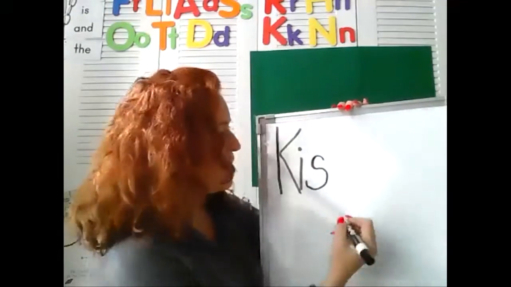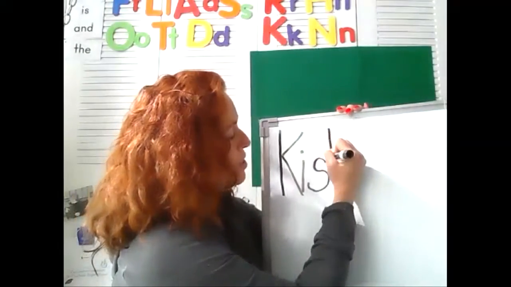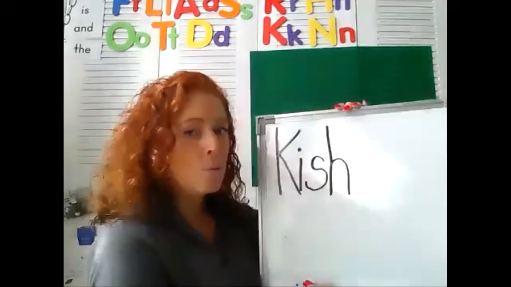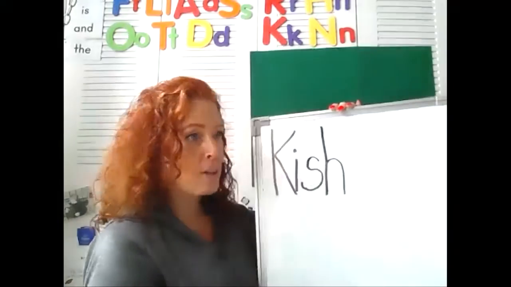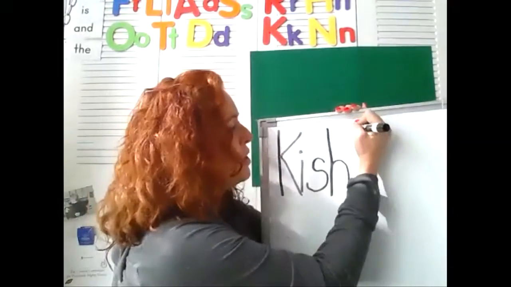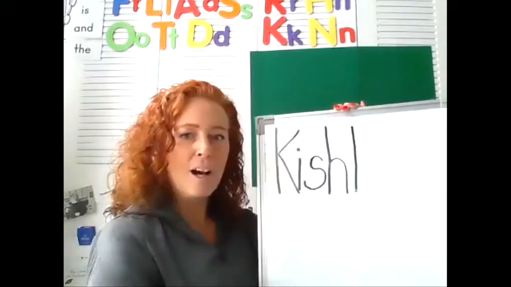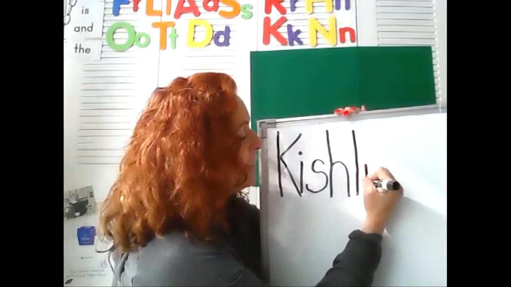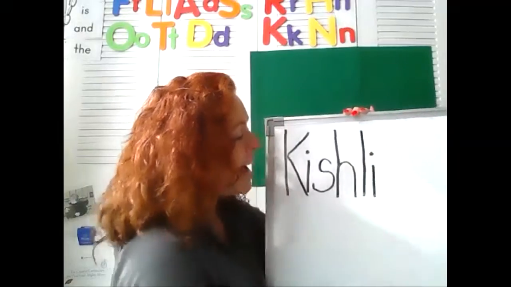And now we're going to make an H. An H goes down with a little half circle. We're going to make an L, which is another easy letter to write because all it is is a line like that. Let's make an I again, so we make the line and the dot.